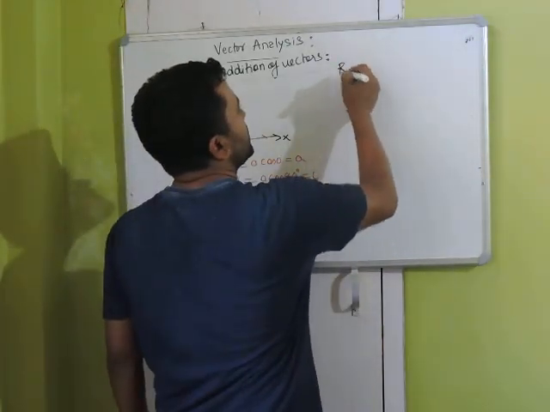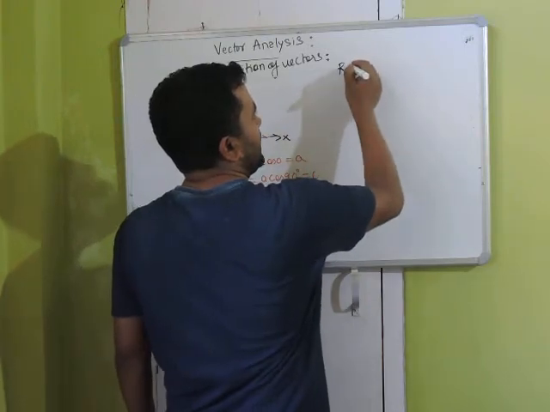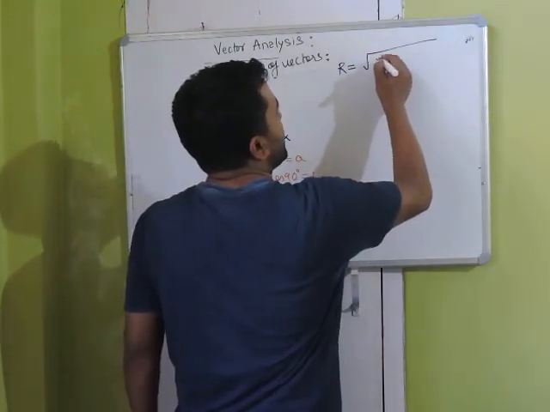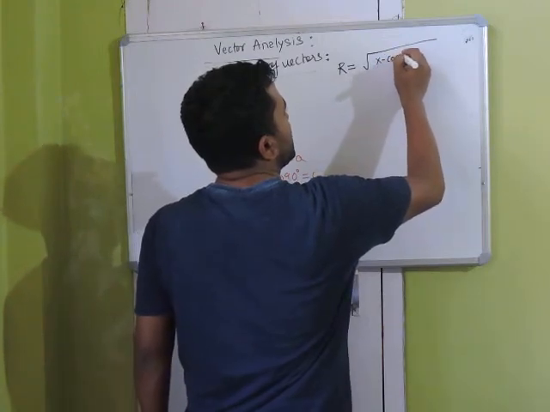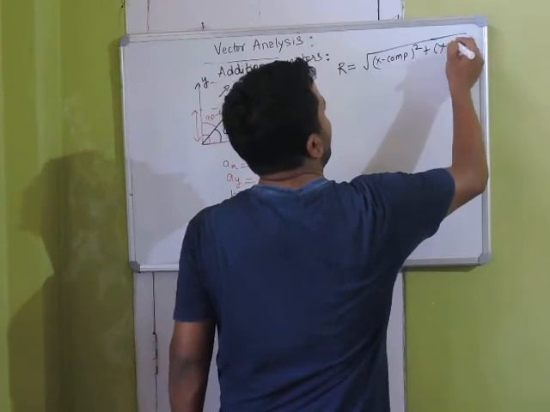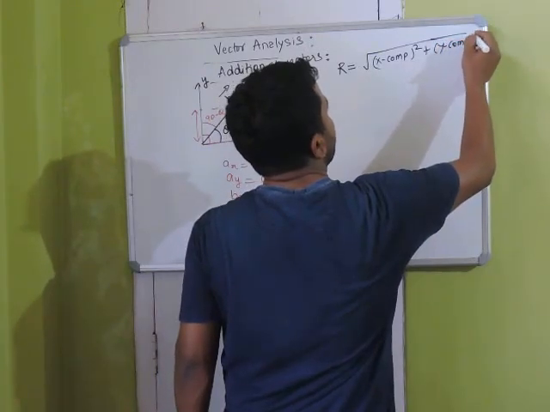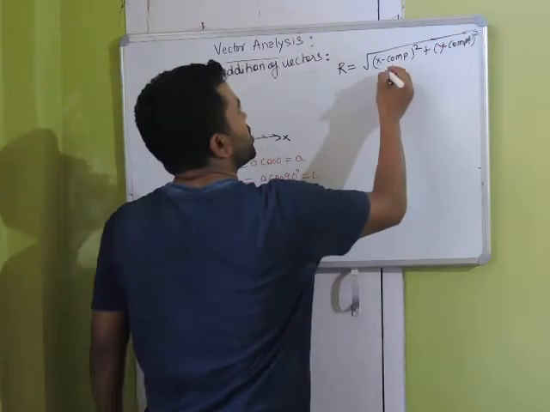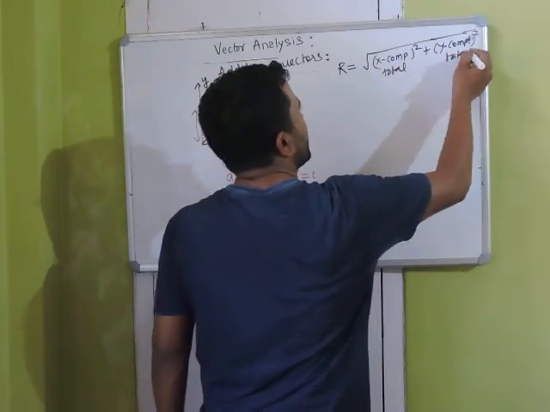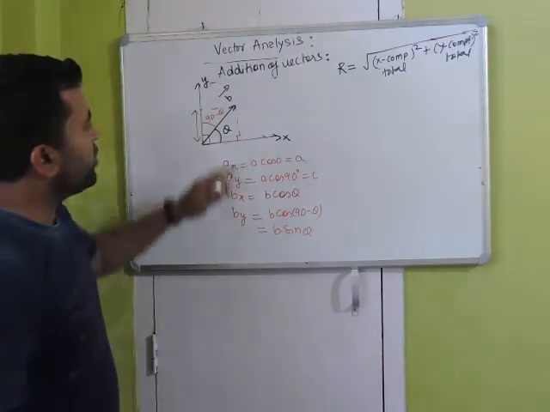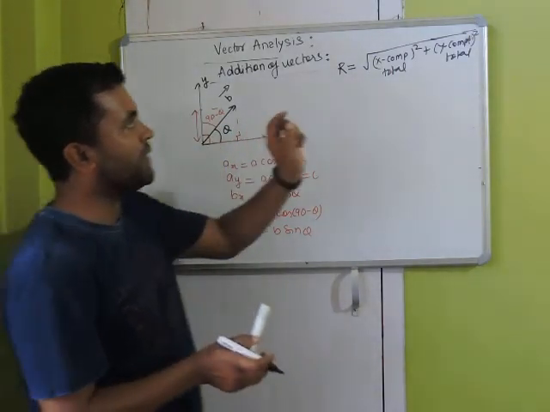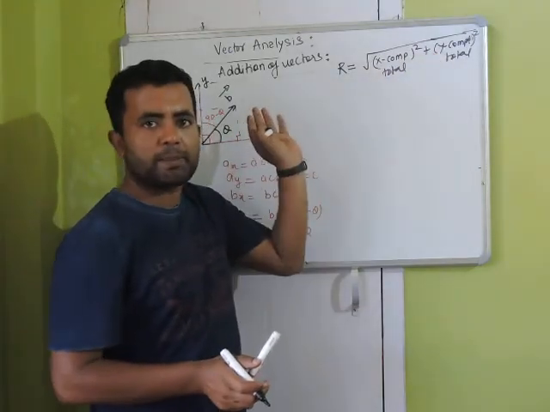The resultant R is nothing but the square root of total x component square plus total y component square. So if you have two vectors A and B, their resultant magnitude is calculated using this.